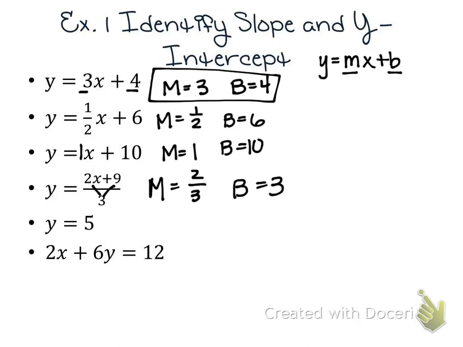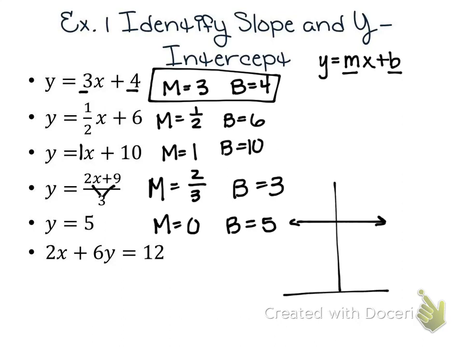When there is no x at all, m is equal to 0, and my y-intercept is 5. Okay, so that means I'm going to have a line that goes through my y-axis at 5. So if this was my graph here, this is my x-axis, this is my y-axis, this is the point of 5. So we would have a horizontal line that goes directly through the y-axis at 5.